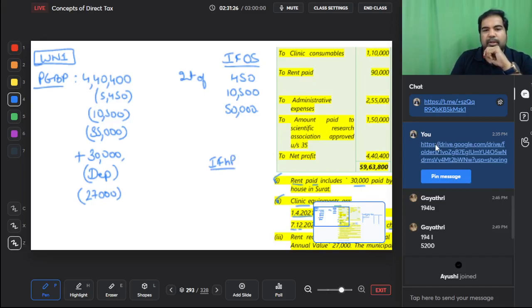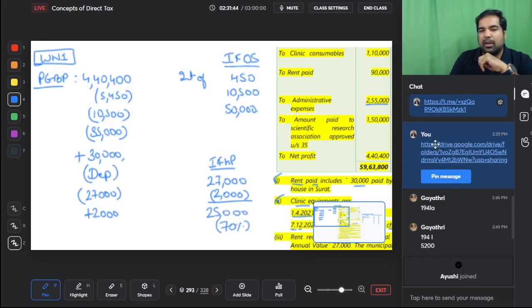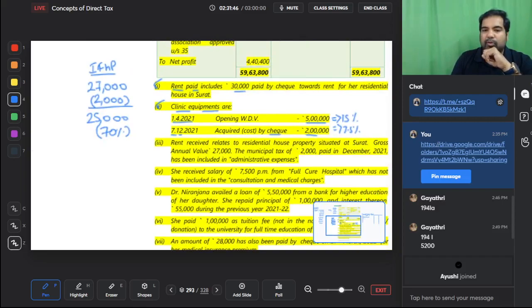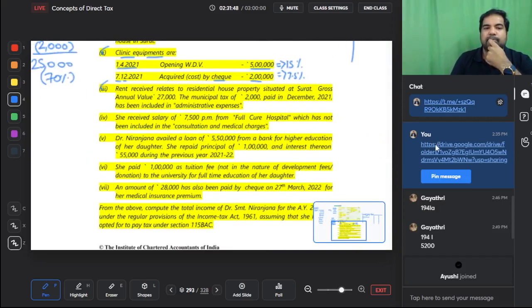In IFHP this is 27,000. Administrative expenses 2,55,000 has 2,000 of municipal tax, so you have to add it because that is not right there, and you will minus municipal taxes here, and from 25,000 you will do 70% of that, and that's how you will get your answer, income from house property. So this is also done.